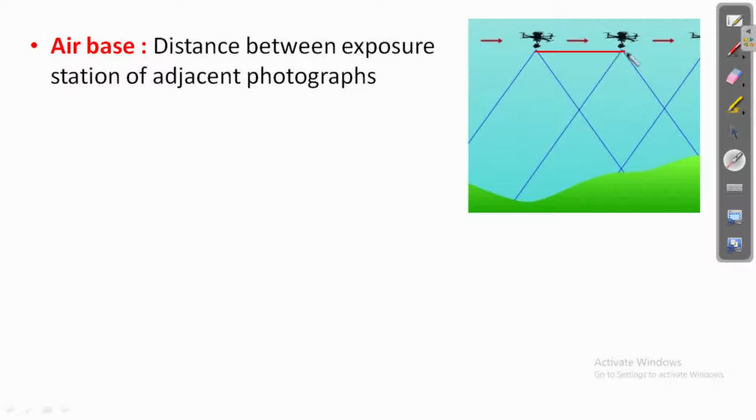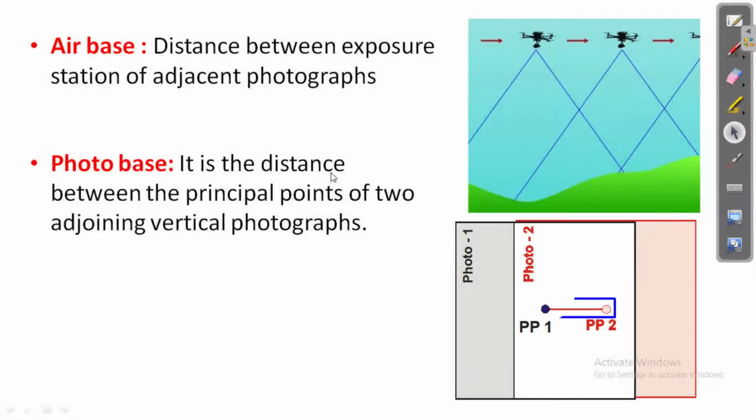If photographs are captured from low height, the distance of airbase is very less, and if captured from high altitude, the distance of airbase is greater. Airbase also plays an important role in flight planning.